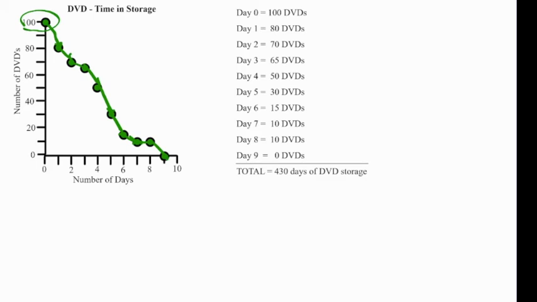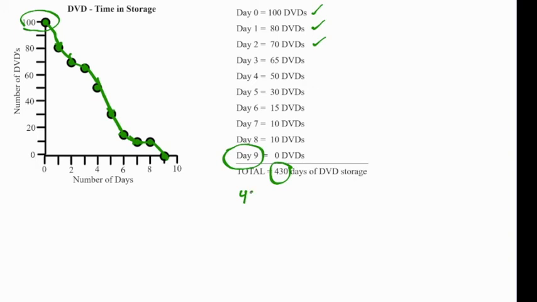If we look at this, we can see that on day 0, we had 100 DVDs. On day 1, we were storing 80. On day 2, we were storing 70. And if we add these all up, we have 430 days worth of storing DVDs. And that was over the course of 9 days.